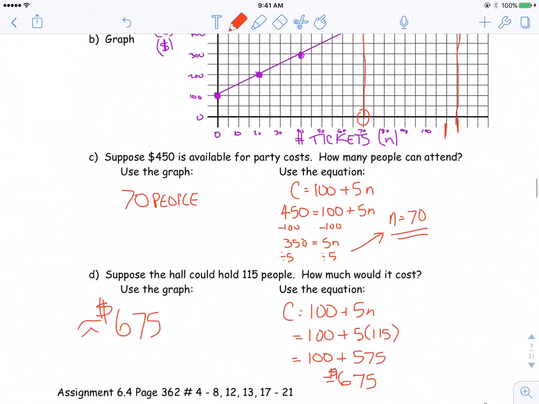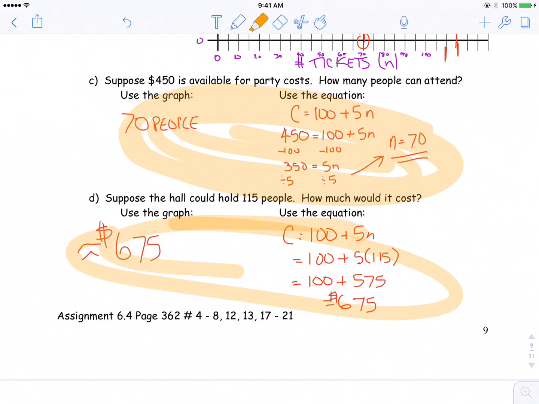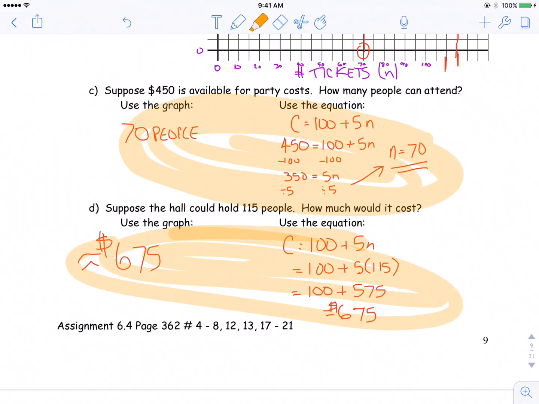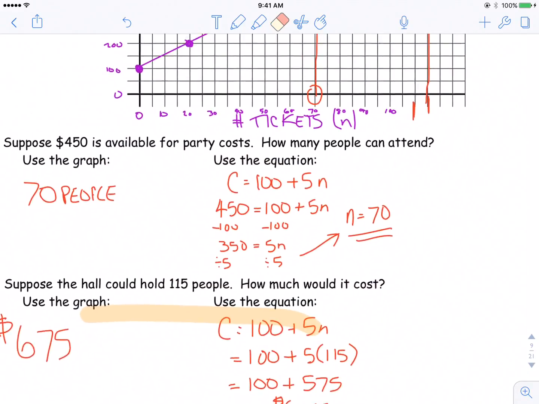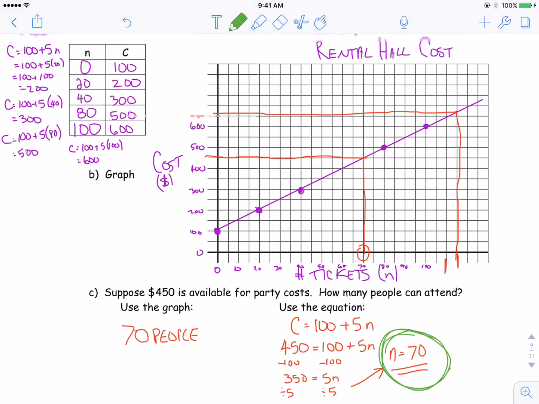Now, there's a difference between this type of question and this type of question. Not necessarily just because you're calculating for one variable for the other. What it is that when we are asking questions or information about something that is inside the data that we have graphed already, we have a graph that's this big right here.